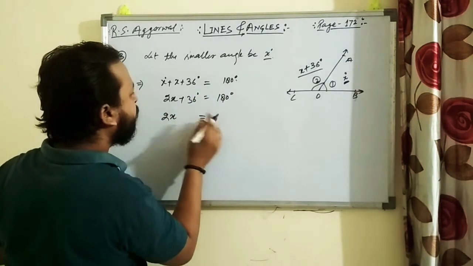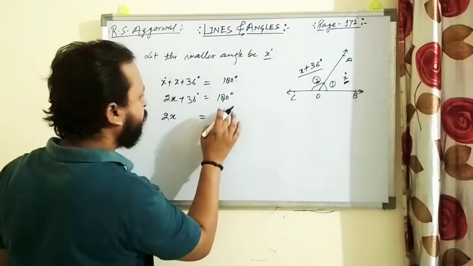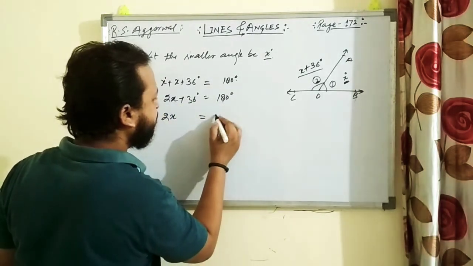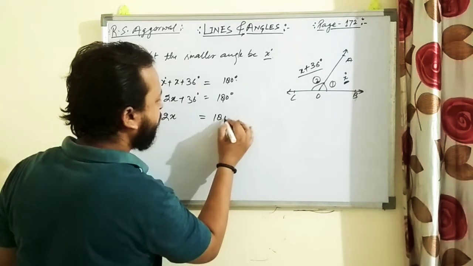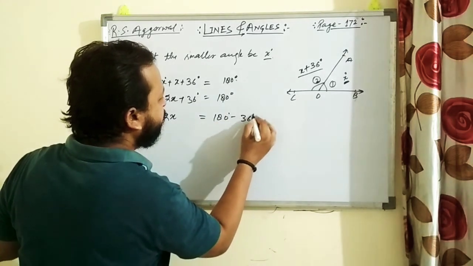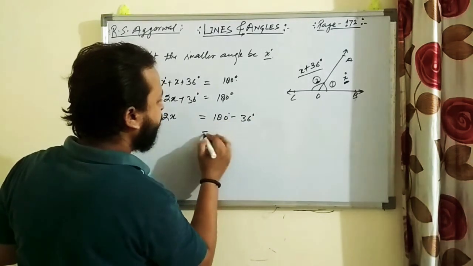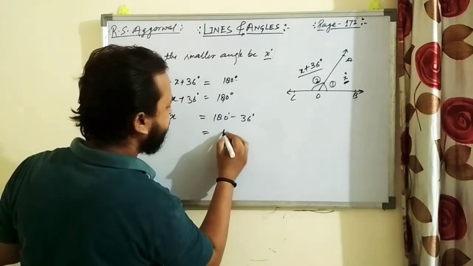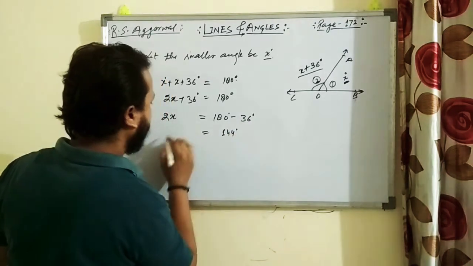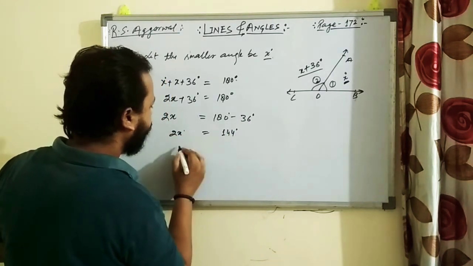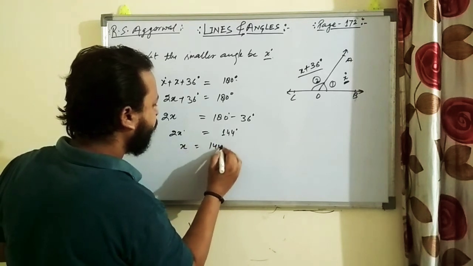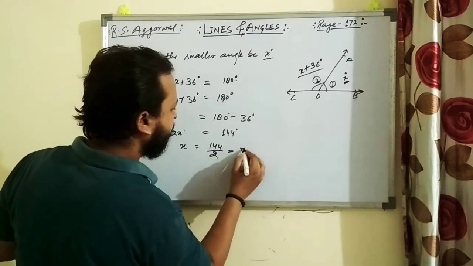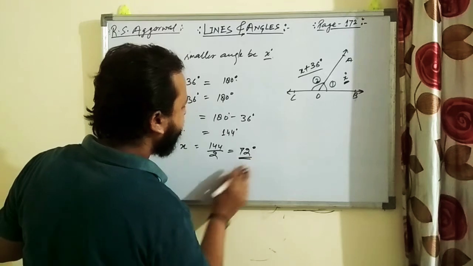So 2x is equal to, this goes from LHS to RHS. So here the sign is positive, so on this side the sign is negative, right? So 180 minus 36, that is 144 degrees. So 2x is equal to 144, so x is equal to 144 divided by 2, that is equal to 72 degrees.